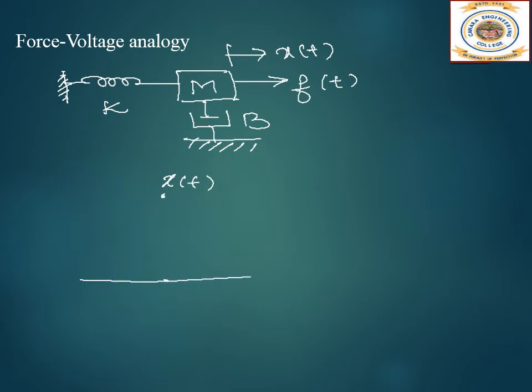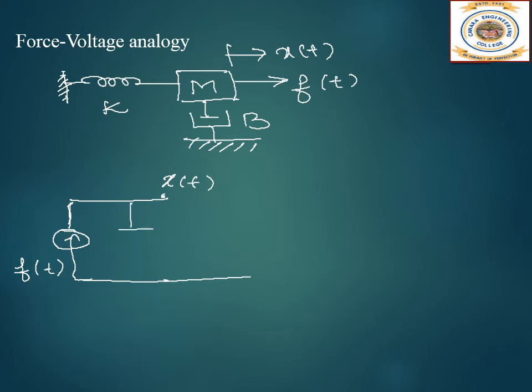Now see, force is applied to the mass, so it is between this node x of t and the reference. So this will be the force f of t. Then we have the mass. Mass is always connected from the node to the reference.